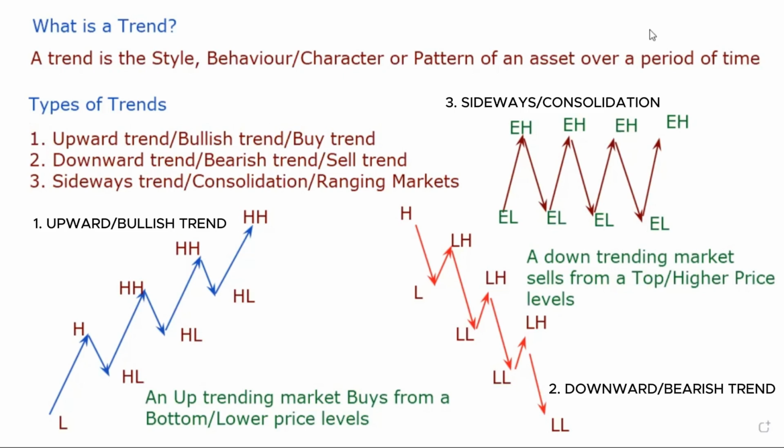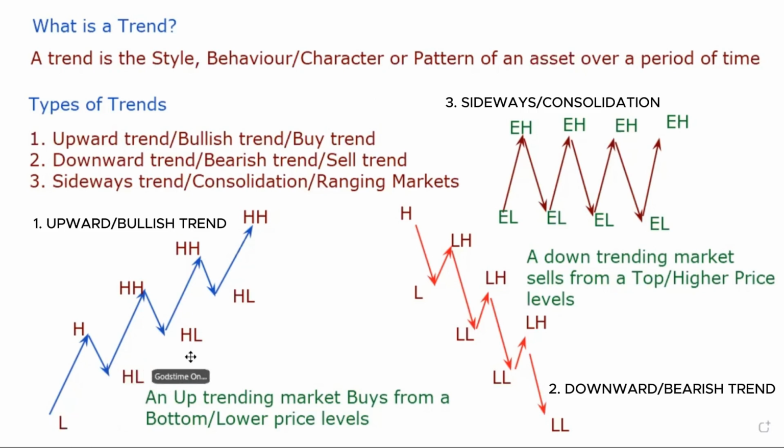So a trending market is a market that has a character or a behavior of either going up or going down or going sideways. What do we do in a market that is going up? In an uptrending market, we buy from the bottom or from the lower prices. That means we buy from the lows.